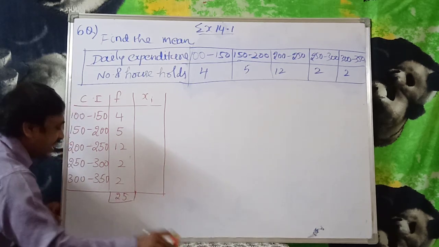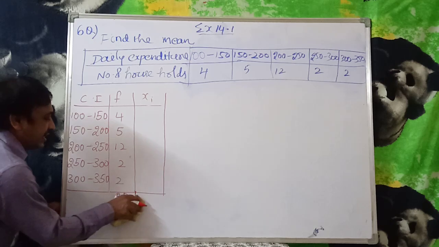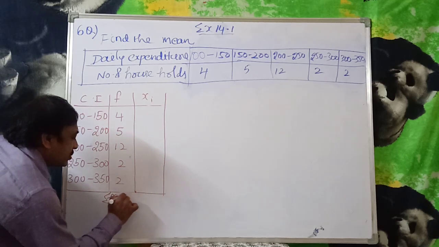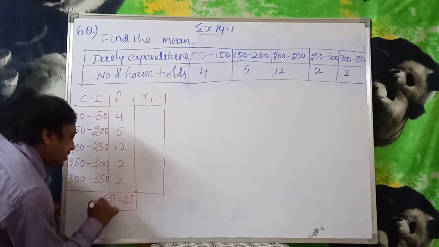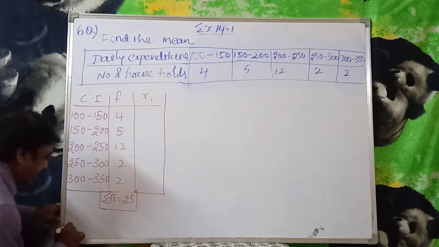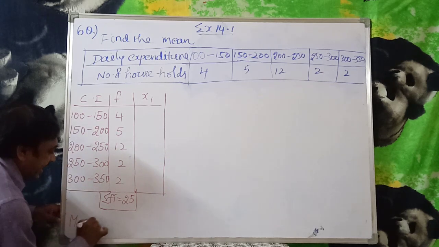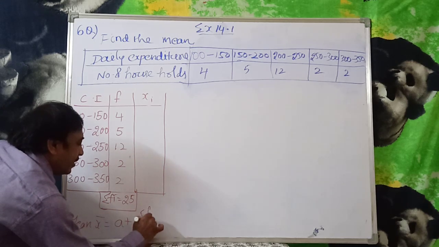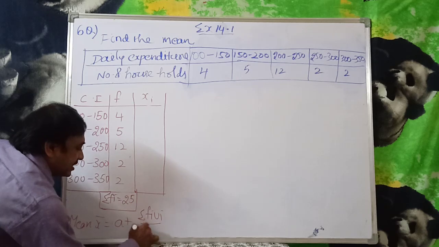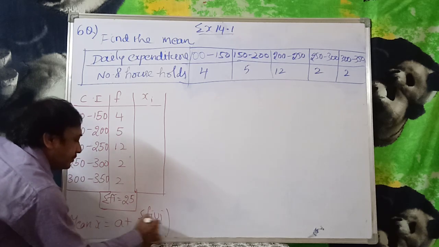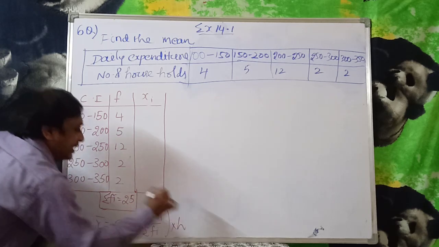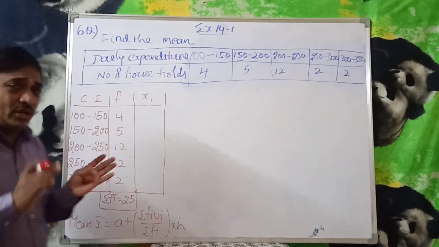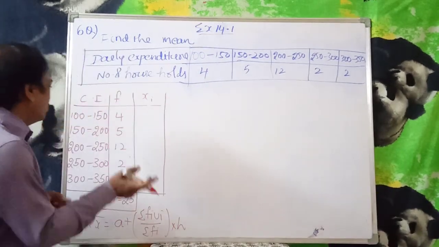That is nothing but sigma fi. What do you call this one? Total frequency. Sigma fi is equal to 25. Now mean x bar is equal to a plus sigma fi ui by sigma fi into h. Now xi values: how to calculate? Lower limit plus upper limit by 2.